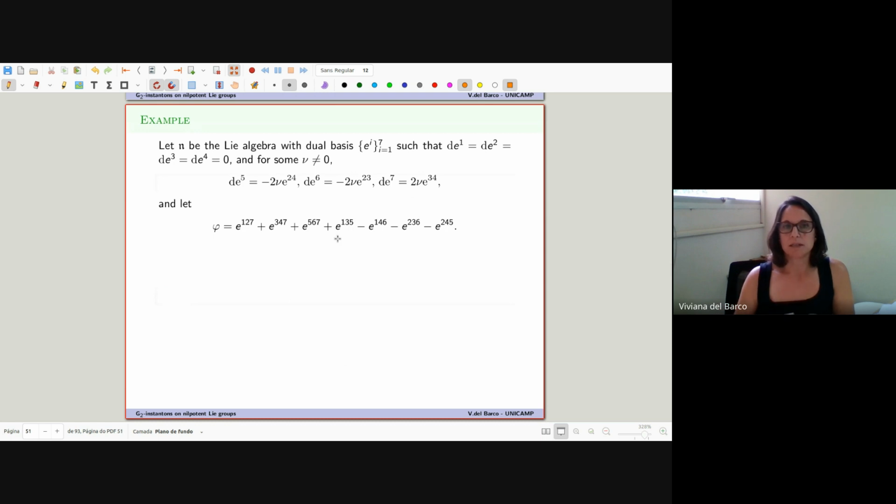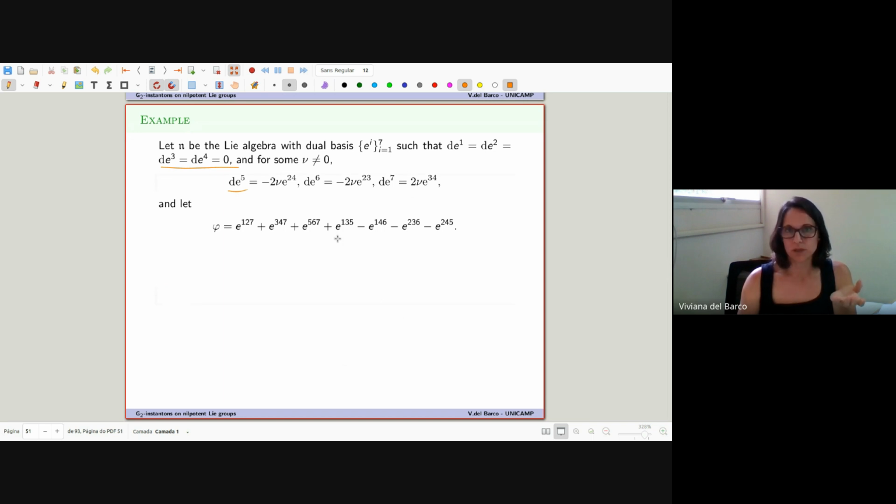M is the algebra having this basis where the differential of the first 4 elements is 0, and the differentials of 5, 6, and 7 are these. And we consider the standard G2 form on this basis.